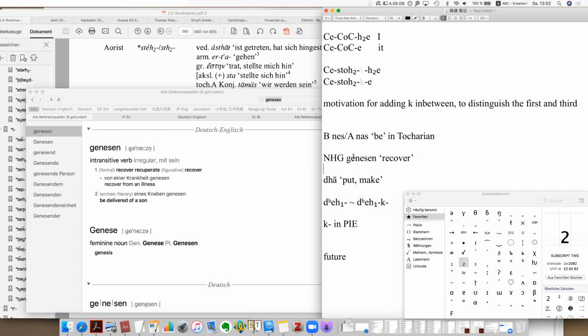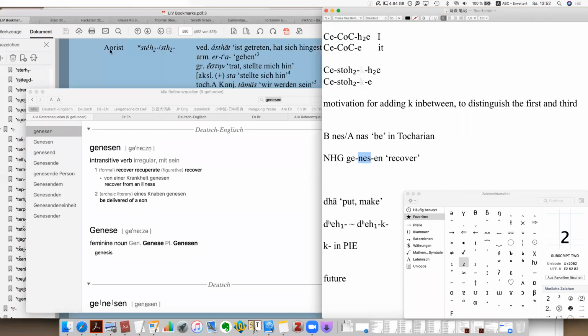And then you would find it also here. So ge is a preverb, or not a preverb, sorry, a prefix. And then n is not an ending, but the suffix for the infinitive. So actually the root is also nes, right?